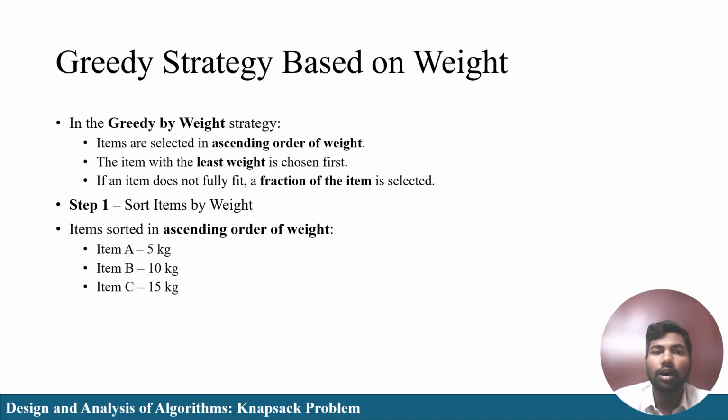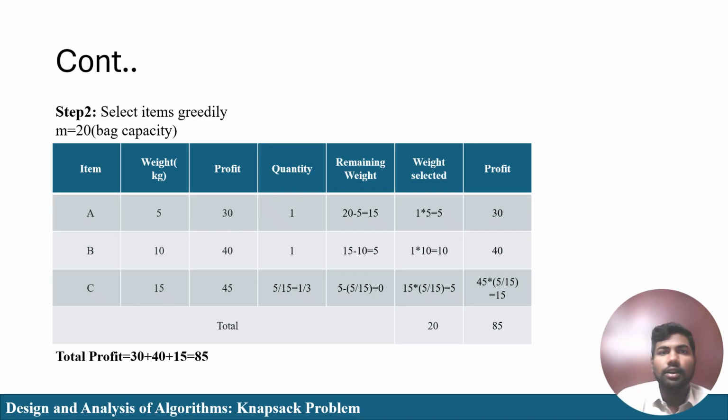Here, the items are arranged in ascending order of their weights. A has less weight with 5 kgs and C has more weight with 15 kgs. Here, we are selecting an item with less weight initially and going to an item with more weight afterwards.